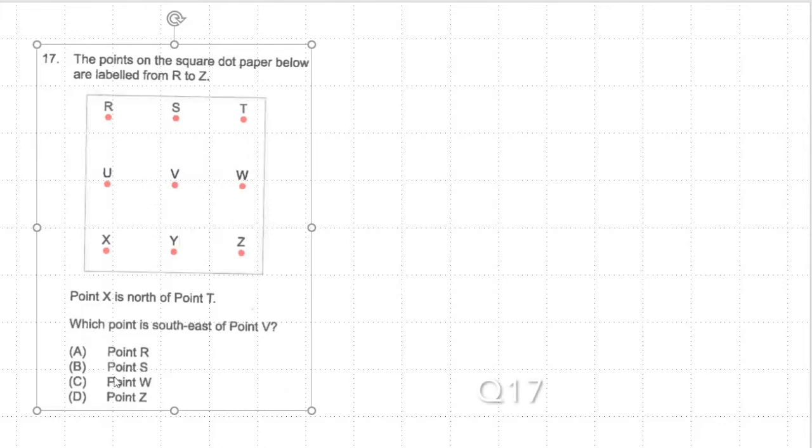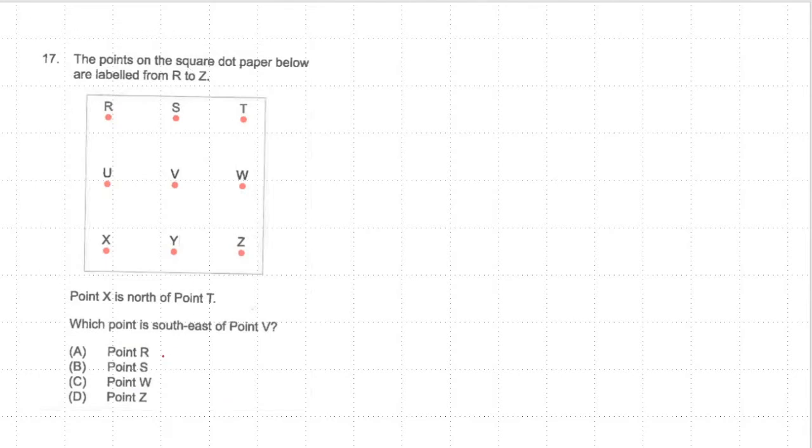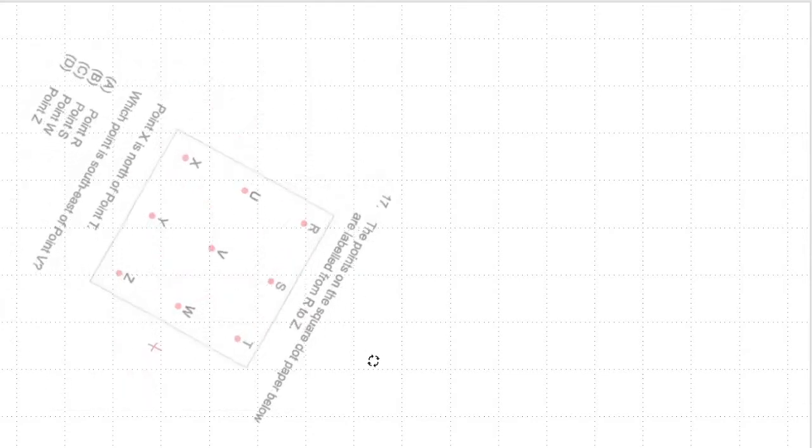For this question, you actually gave me the answer as point R. Point R is wrong. For such a question, it's actually very easy. You have to do a twist of the paper. Let me twist the paper.